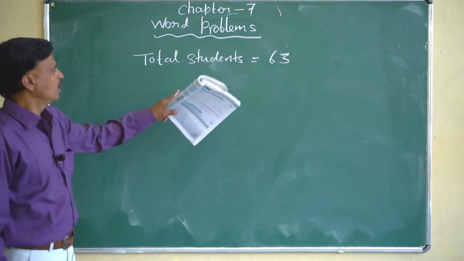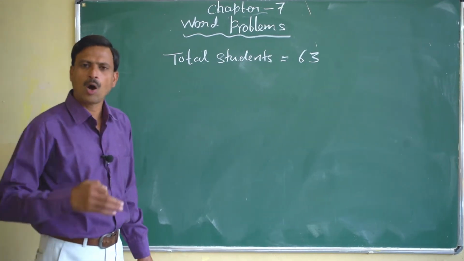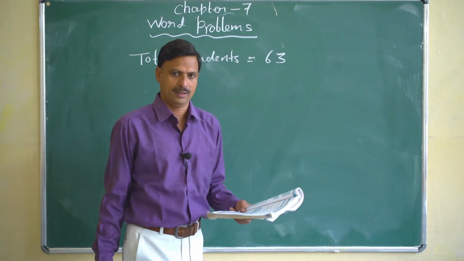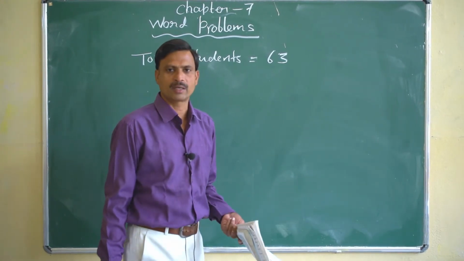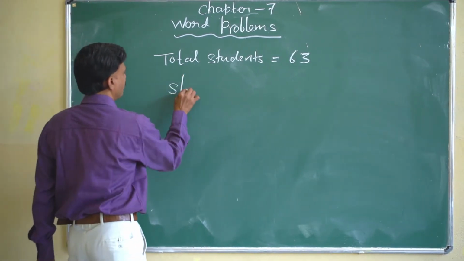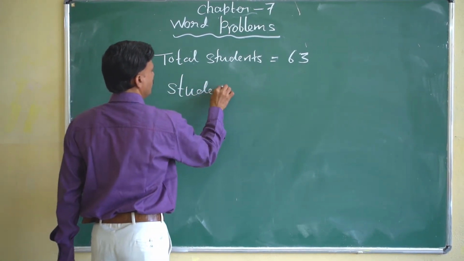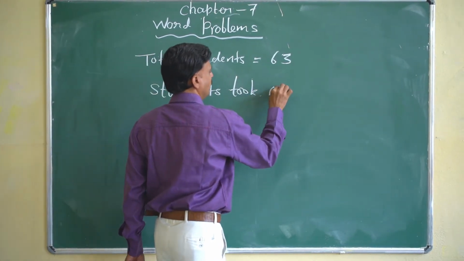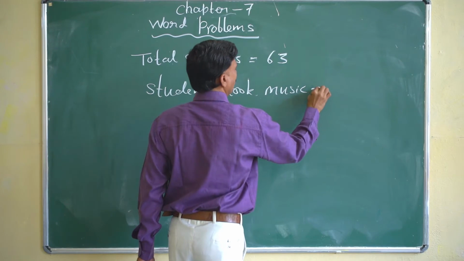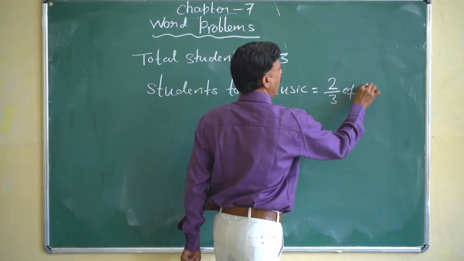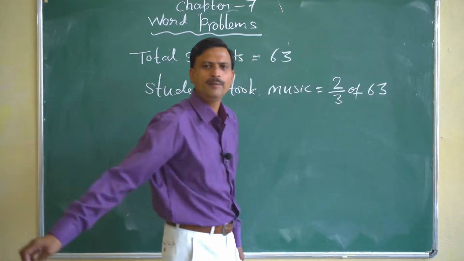Out of 63, 2 by 3 took music. So the students who took music, that is 2 by 3 of 63.